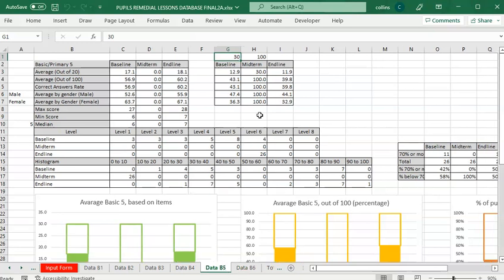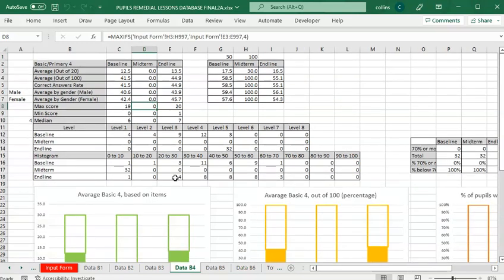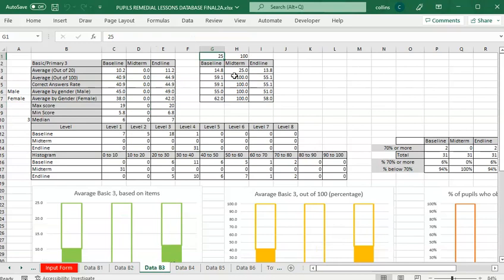Is it 5? We have 30 over here. Is it 4? We have 30 over here. Look at the 3, 25. Please, if you don't do it this way, then we will have challenges. You will not be able to compute and get the correct analysis.